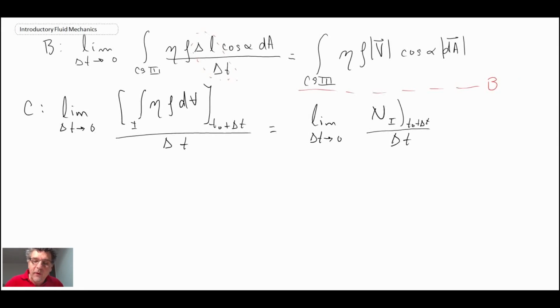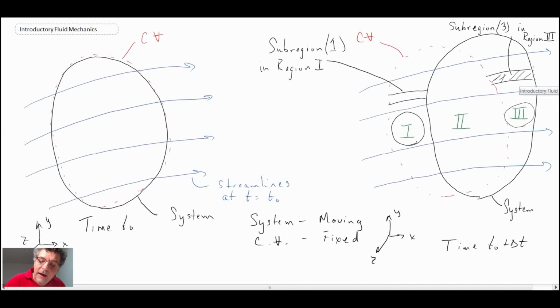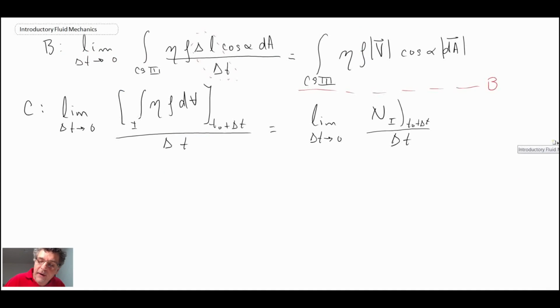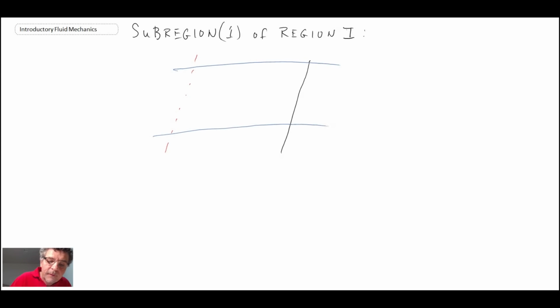And just like before, we're going to go back and take a look at the streamlines and at this little chunk, region 1, in order to figure out what is going on here. So again, we have our control surface, we have our system boundary, we have our streamlines.